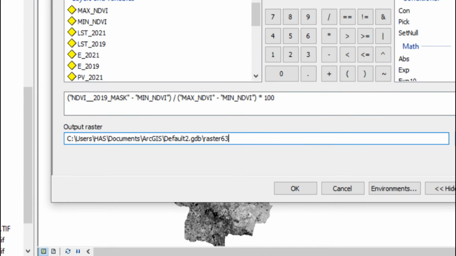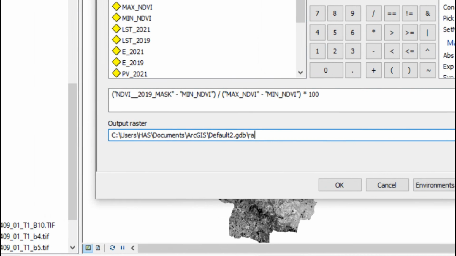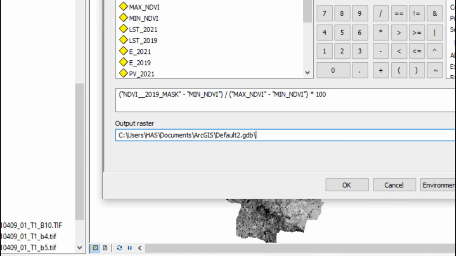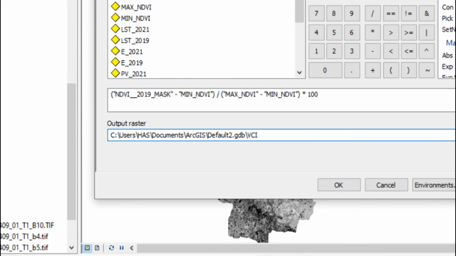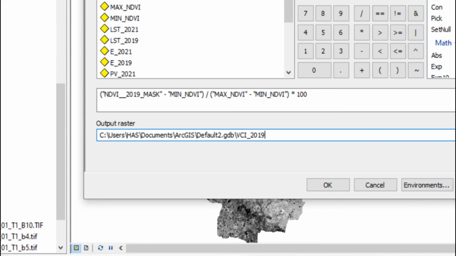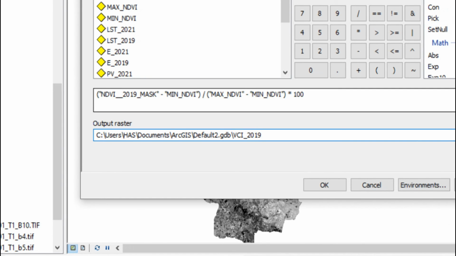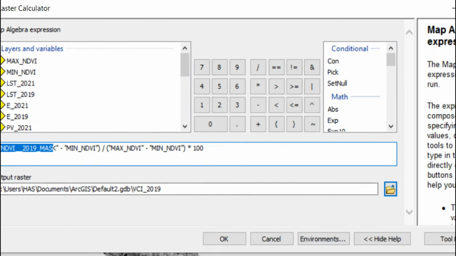years. So we will name this VCI for 2019, because we use NDVI 2019. Okay.